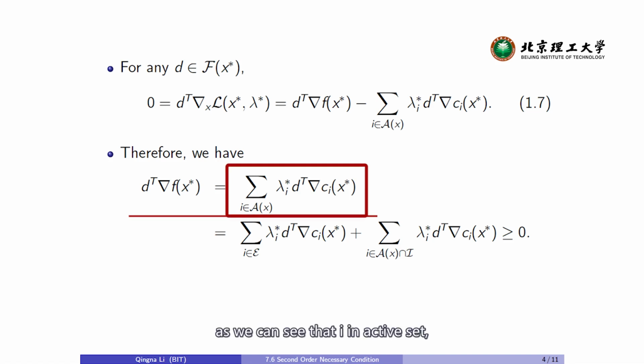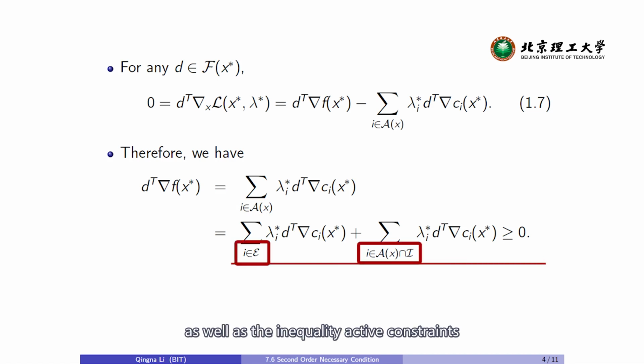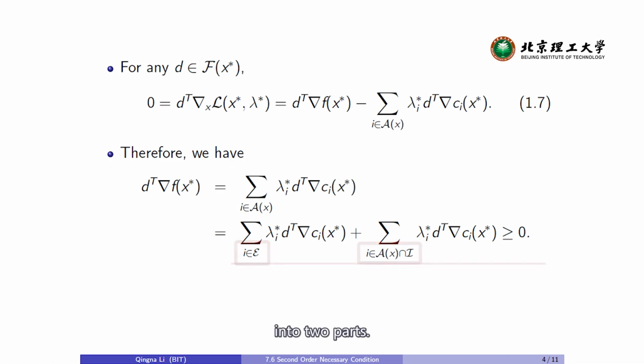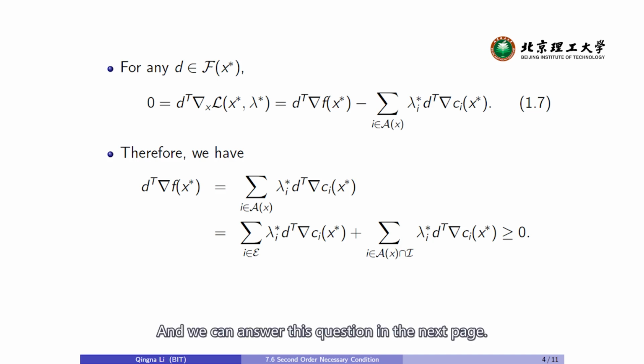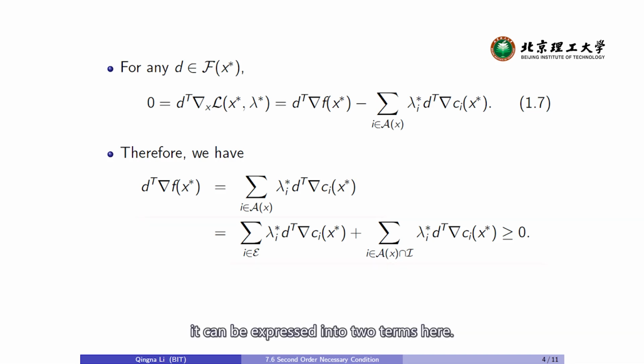As we can see, for i in the active set, we separate the equality constraints and the active inequality constraints into two parts. Why do we do this analysis? We answer this question on the next page. If we take a further look at this equation, the inner product of d and the gradient of f can be expressed as two terms.